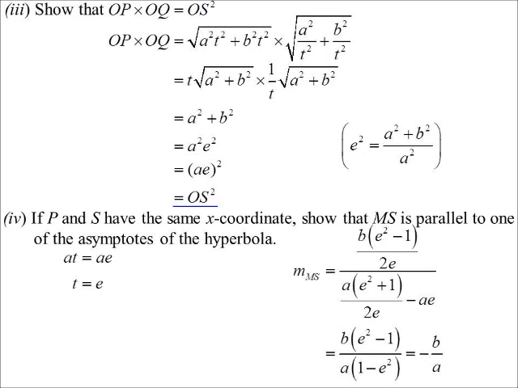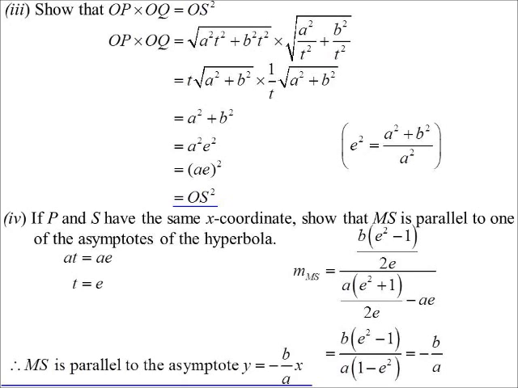So I end up now at the bottom being 1 minus E squared. 1 minus E squared cancels with the E squared minus 1, and we get minus b on a, and that was the slope of one of the asymptotes. So yes, m s is parallel to that particular asymptote, y equals minus b on a x.